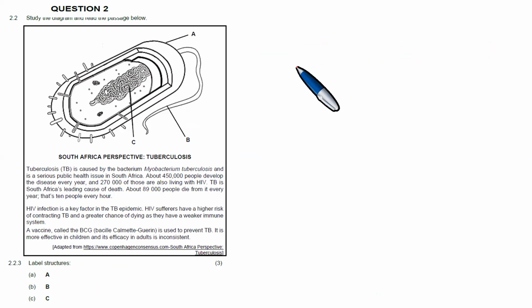Okay, so we must be able to label the bacterium Mycobacterium tuberculosis. Now label the structures A, B, C. So we need to label what is A and what is B and what is C. When you look at this bacterium, you must be able to label it.